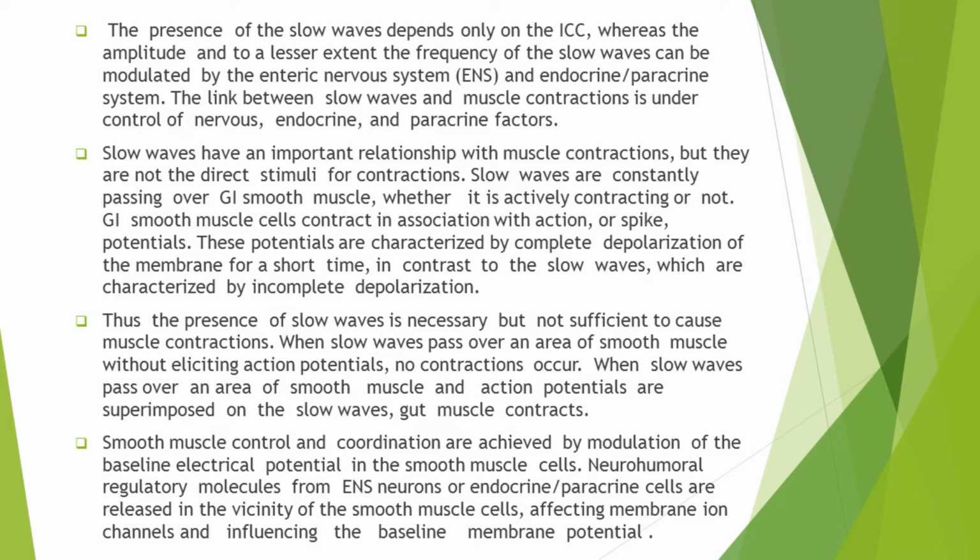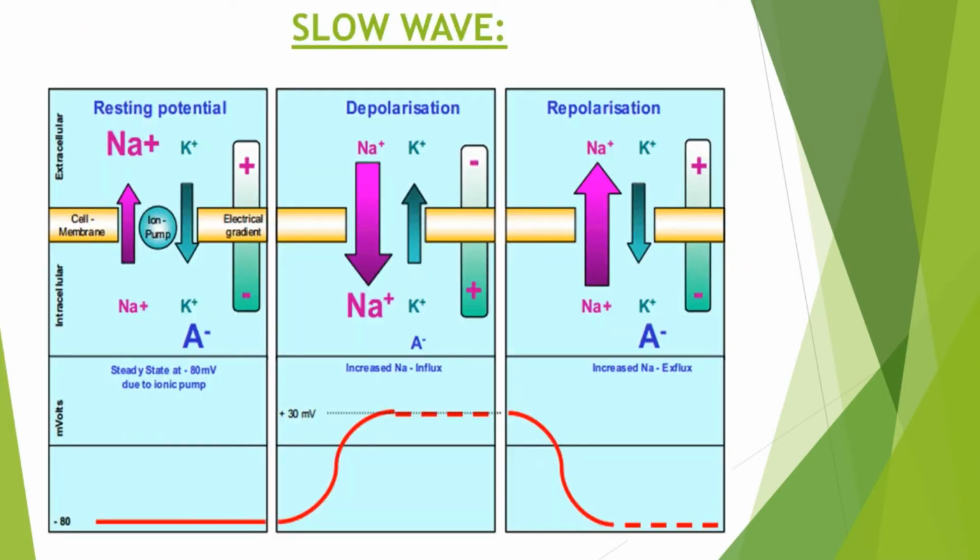In order to cause muscle contraction or to produce action potential or spike potential, these neurohumoral regulatory molecules from the enteric nervous system's neurons and endocrine paracrine factors are released in the vicinity of the smooth muscle cell, and these neurohumoral factors affect the ion channels present in the smooth muscle membrane, and the movement of ions through these channels influences the baseline membrane potential, and this resting potential changes to action potential or spike potential.